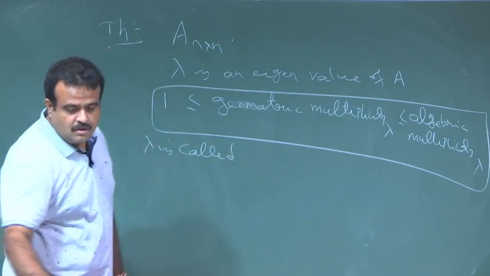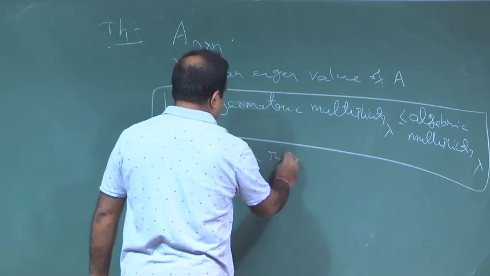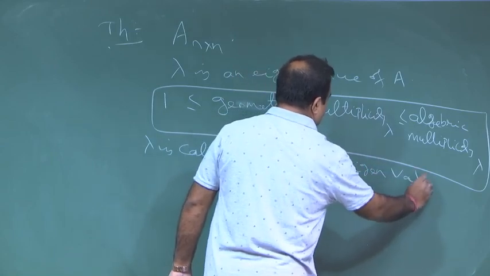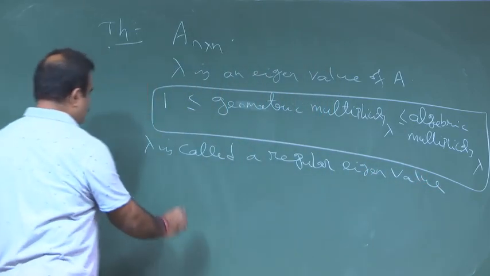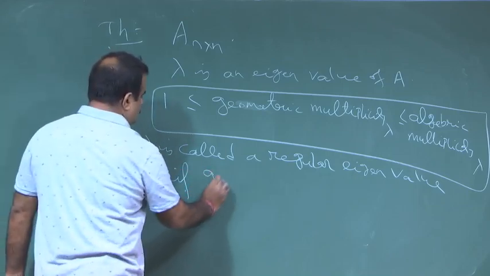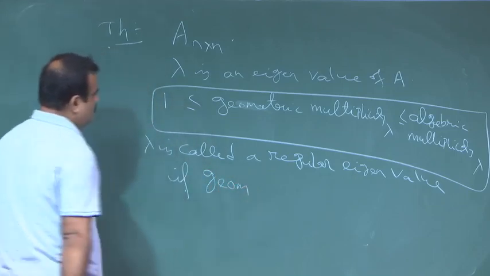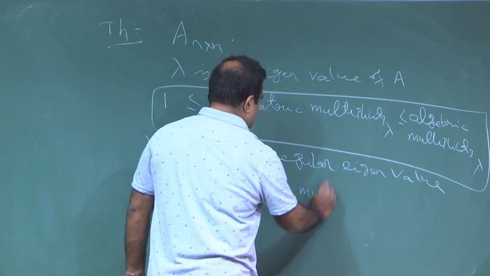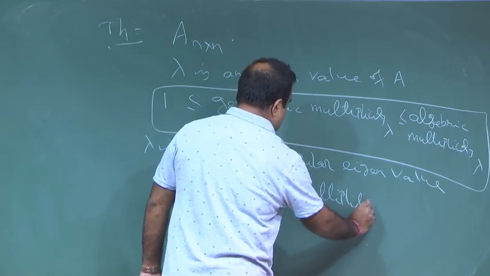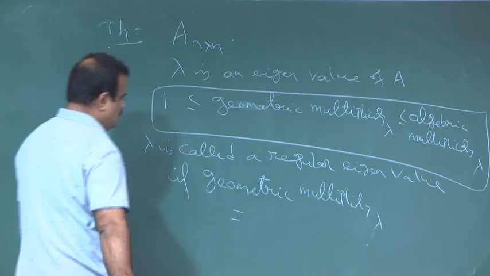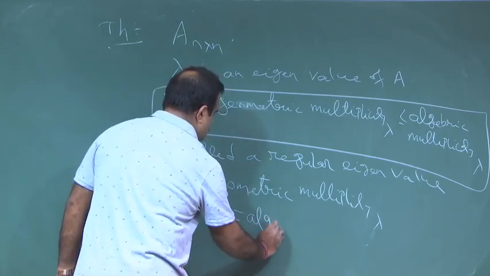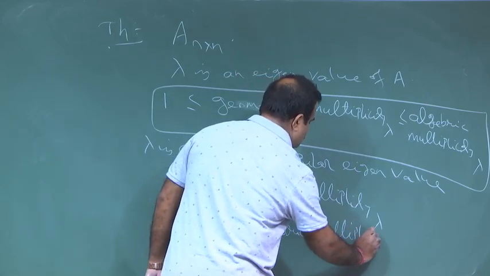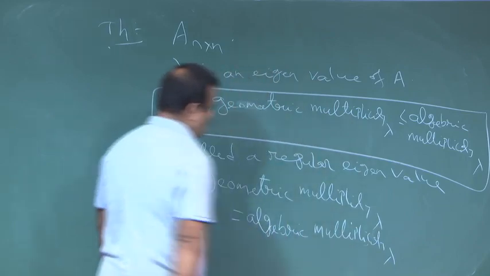Lambda is called a regular eigenvalue if the geometric multiplicity of lambda is the same as the algebraic multiplicity of lambda.